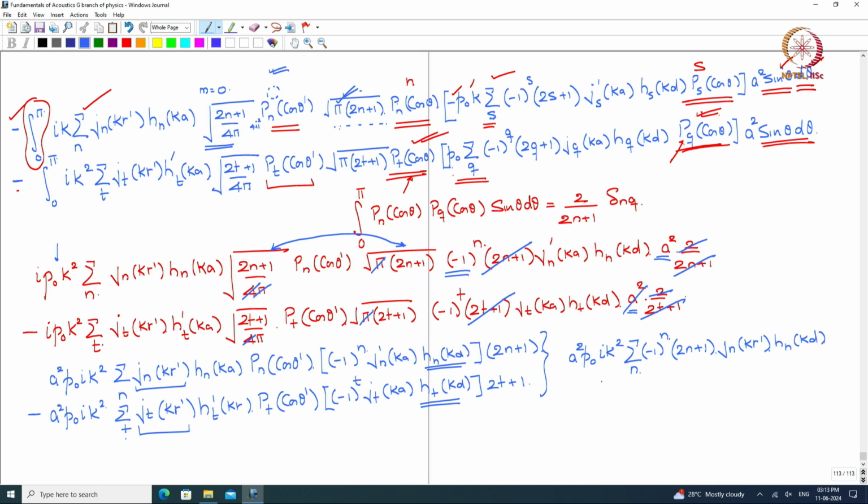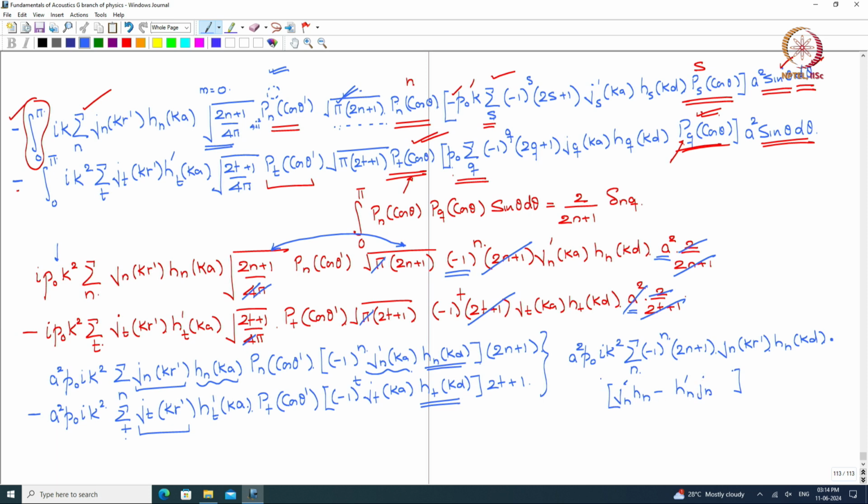Then I have this part at Ka, which should be an A. I will not write the Ka part, so I have j dash n hn minus h dash n jn.